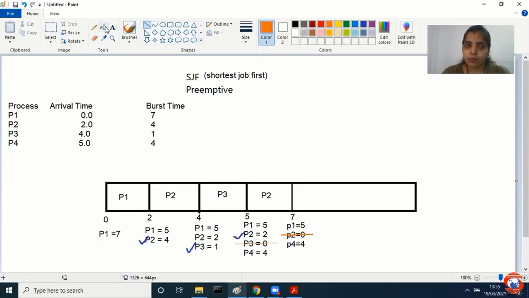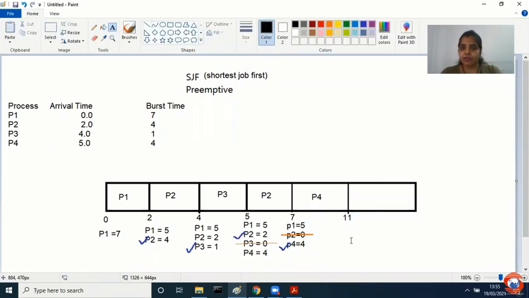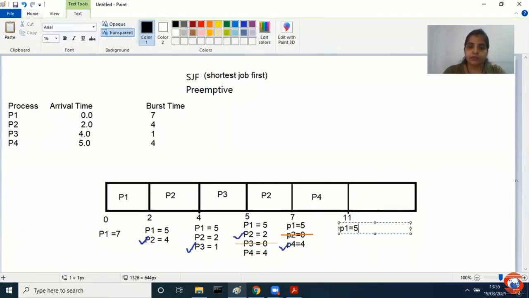Right? Who is the smallest now? Obviously P4 is the smallest. Who will be given the control? Obviously P4 will be given the control. Next P4 will complete its execution. जब तक arrival time दिया था तब तक हमने follow किया. उसके बाद converted into non-preemptive, executed fully up to 11. अब at 11 can I say P1 is 5 and P4 is 0?